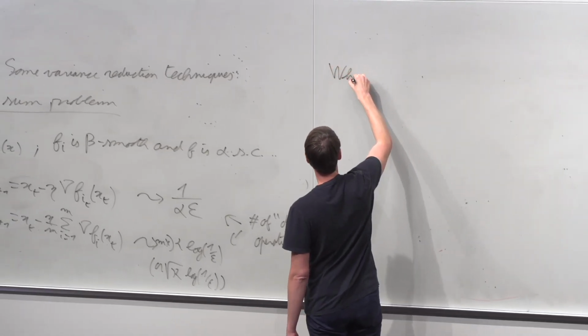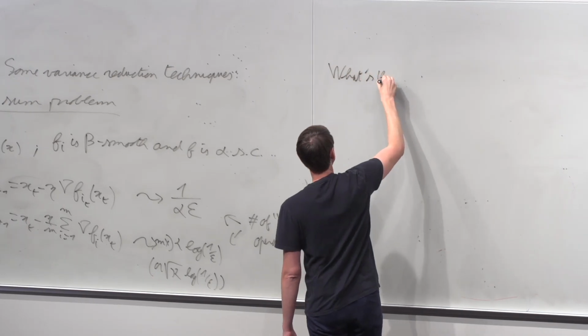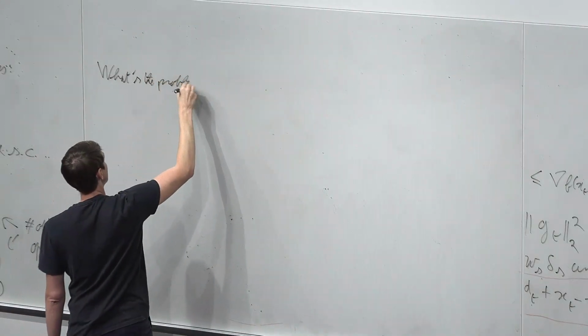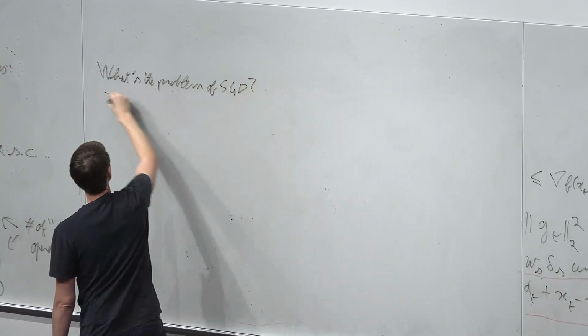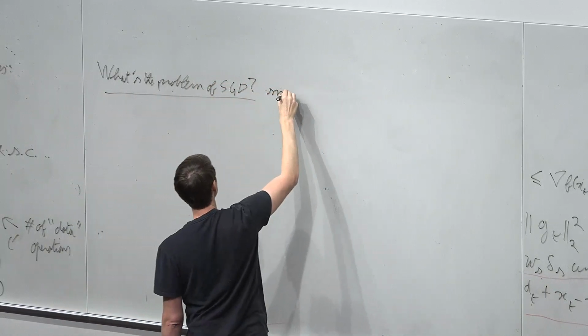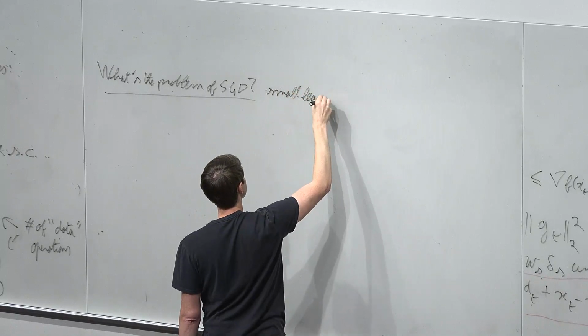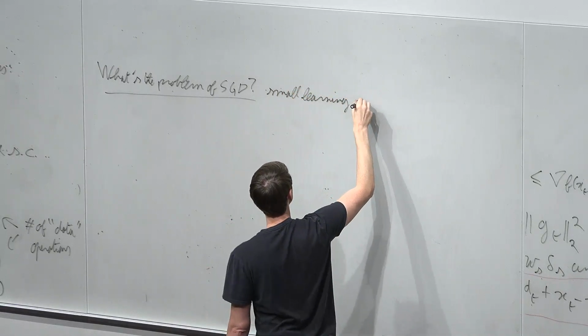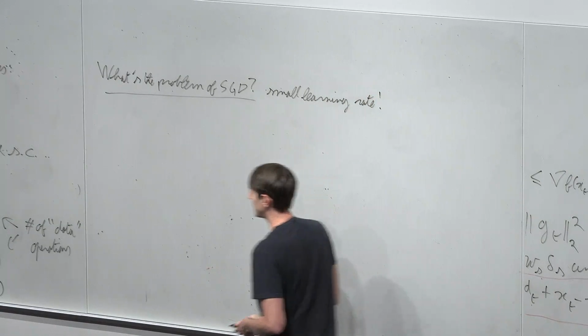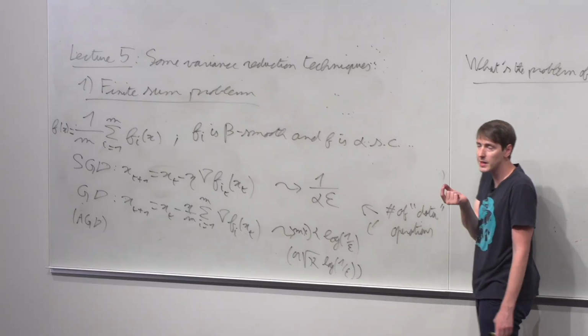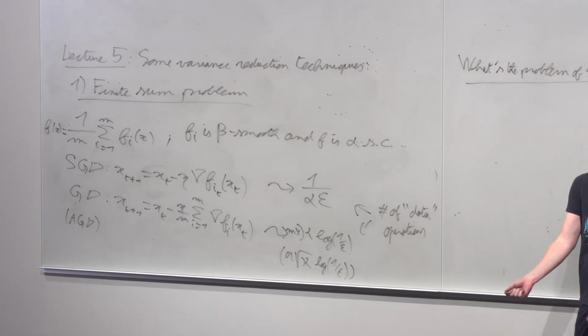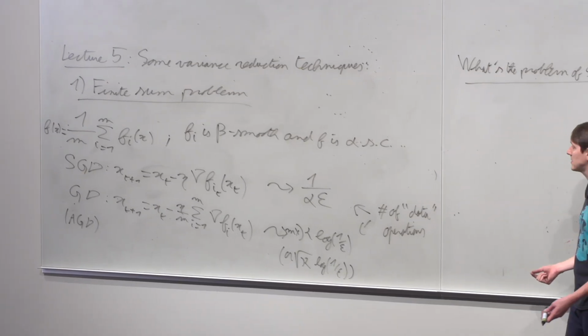First of all, what's the problem of, say, SGD? It's that you have a small learning rate. You have no hope to get to a high accuracy regime, a log 1 over epsilon, if you're taking those very tiny steps. You will just never get there. You have to take big steps.